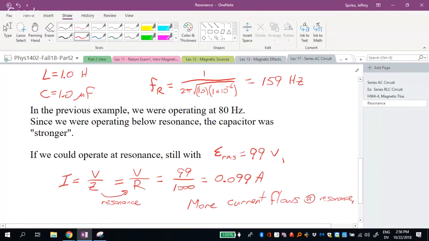And we end up with more current flow. And that's how radios tune to different signals.